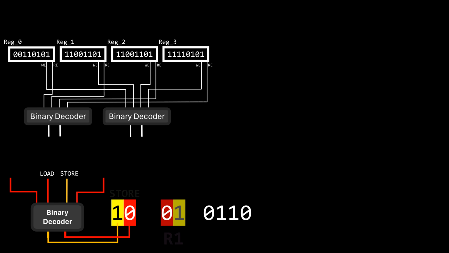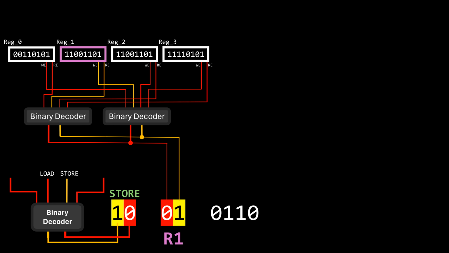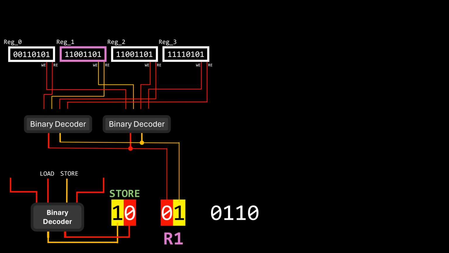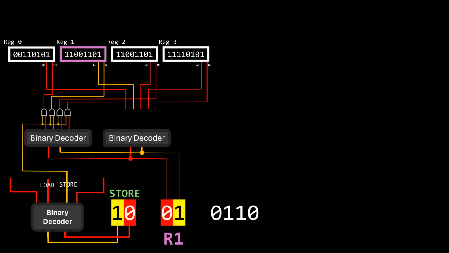And the 3rd and 4th bits of the instruction serve as inputs for these other decoders, so they can activate the enable signals of the desired register. However, in this configuration, both the read and write enable signals of the register are activated simultaneously, yet only one of them should be activated depending on the instruction. Since we've already designated a decoder to differentiate between different instruction types, we can use the outputs of that decoder to ensure that only the desired input is activated according to the instruction.